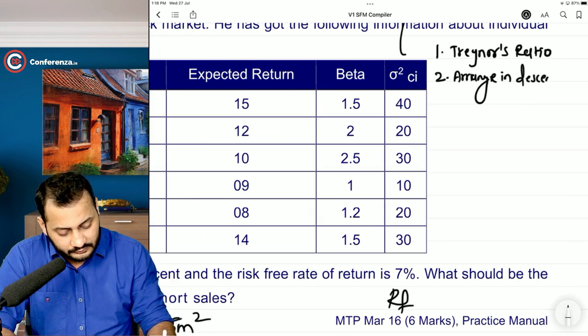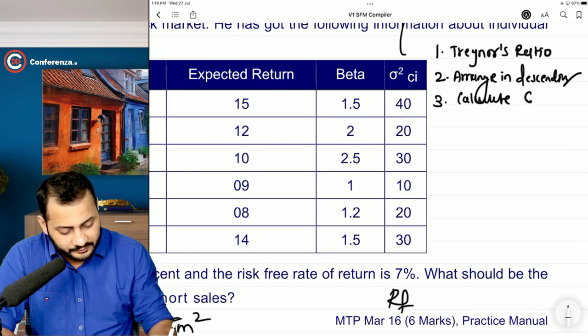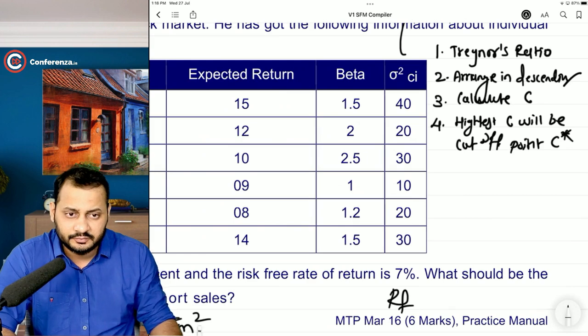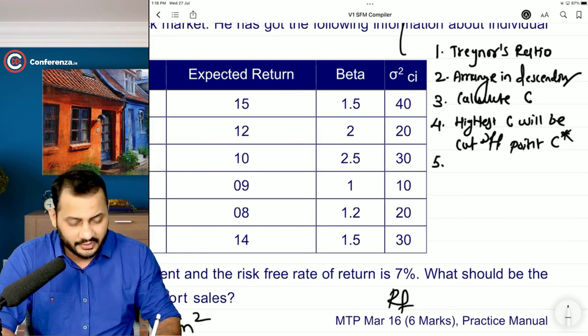Then the third thing that you have to calculate is the value of C. Highest C will be the cutoff point and it will be denoted as C asterisk. Okay. Now what will happen in the fifth step?